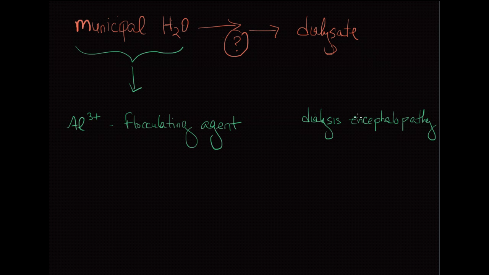This happens over a long period of time of being exposed to aluminum in dialysate. What you can get sooner is hemolytic anemia. But these are the two complications that you're going to experience if aluminum is in dialysate.